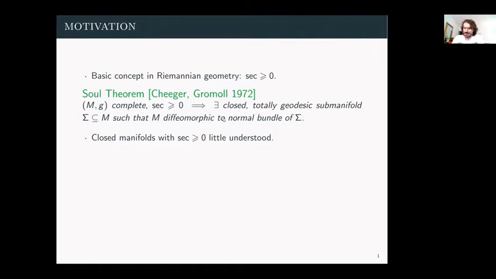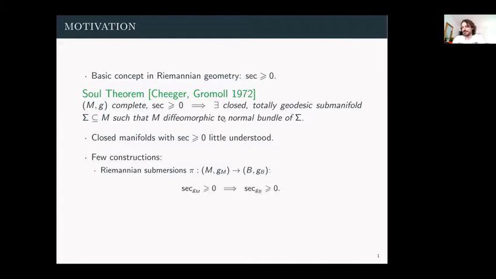Part of the problem is that there are only a few constructions, and all of them at some level depend on two basic facts. The first is that Riemannian submersions are curvature non-decreasing, where a Riemannian submersion is a smooth submersion that is an isometry orthogonal to the fibers.